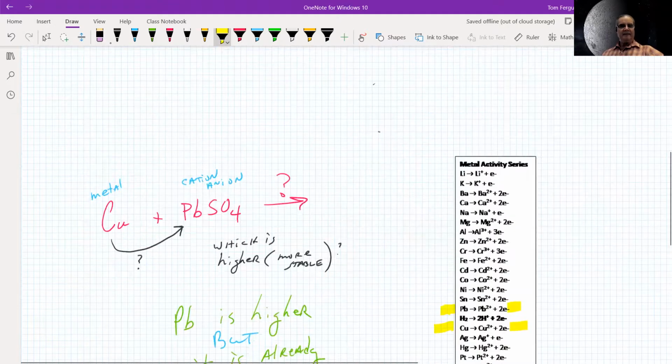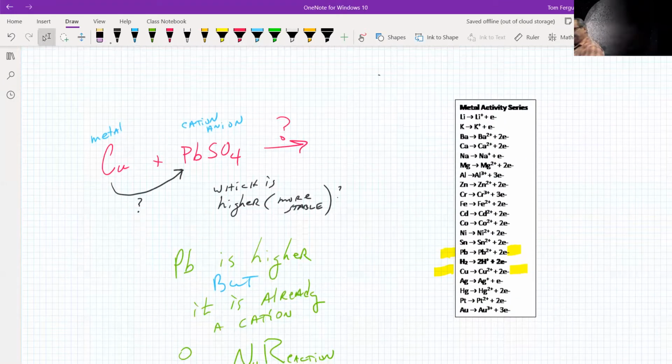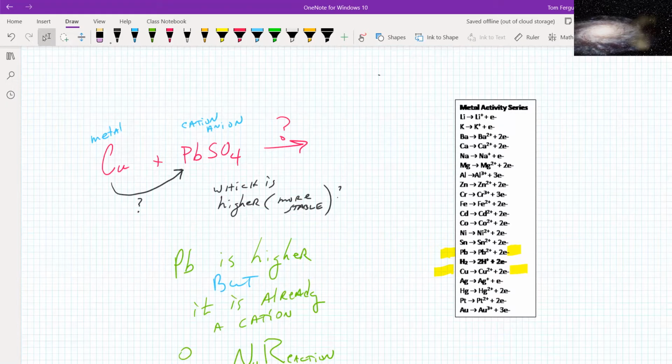Now, let's look at another example. Okay. Will the copper replace the lead? So you're going to find the copper and the lead. And is the copper above or below the lead? Below. So it can't replace it. It has to be above it.